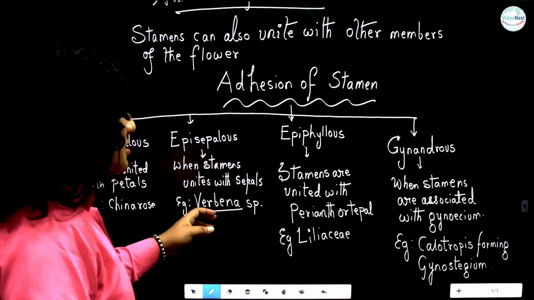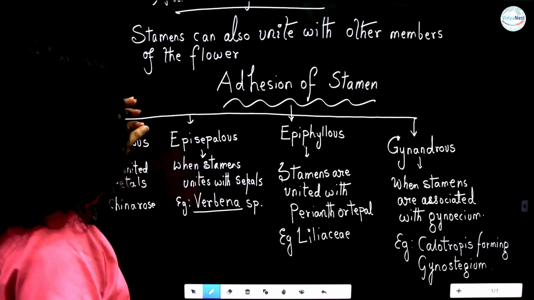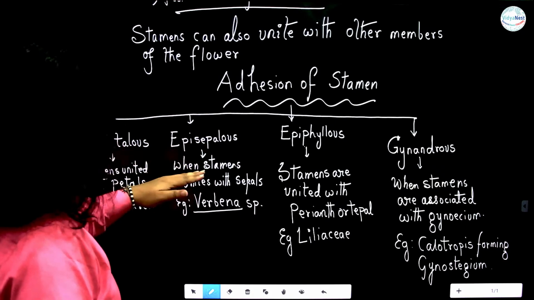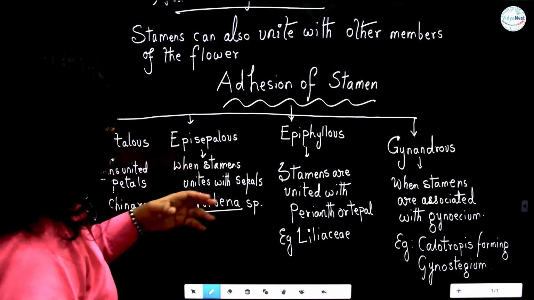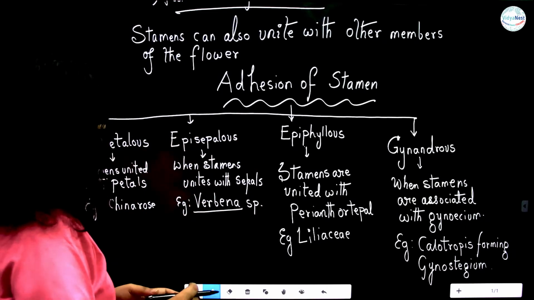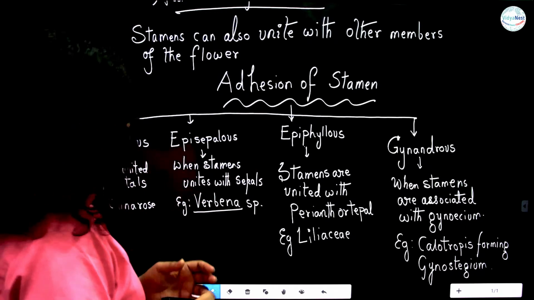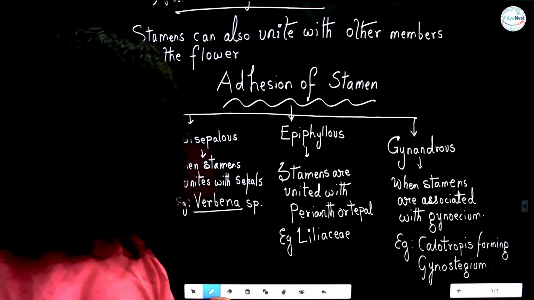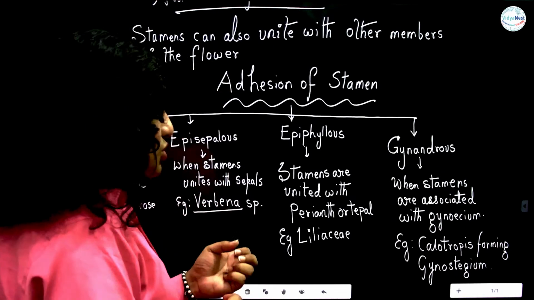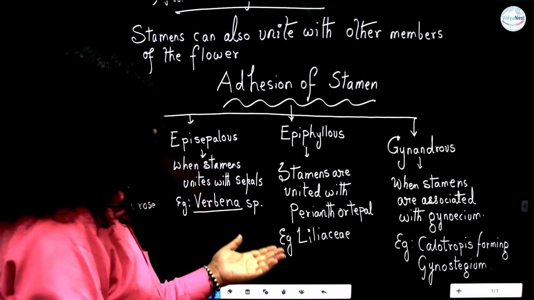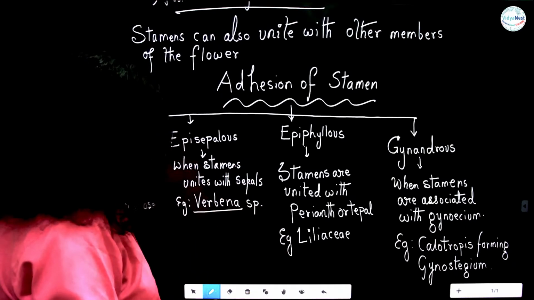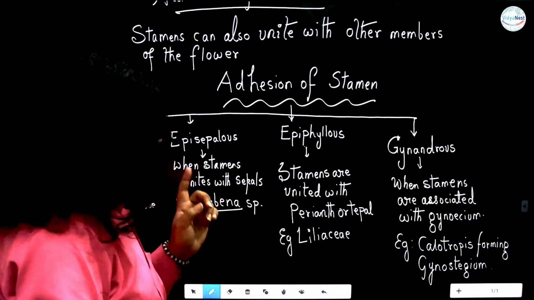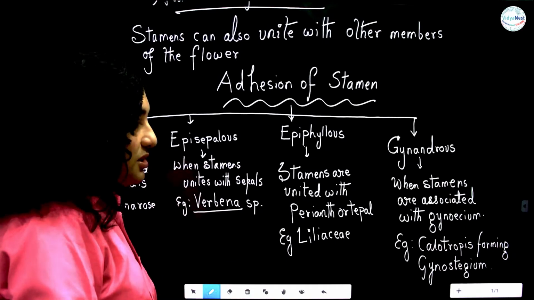Epiphyllous is a condition when stamens are united with the perianth. That means when sepals and petals are united together to form the perianth, and the stamens are joined with it. It is found in lily.